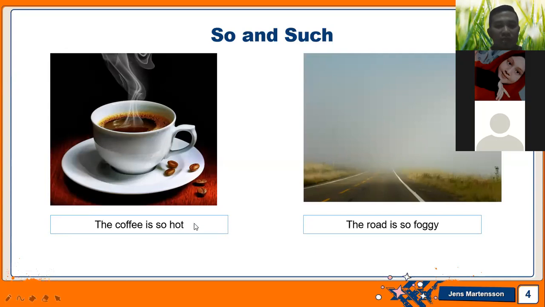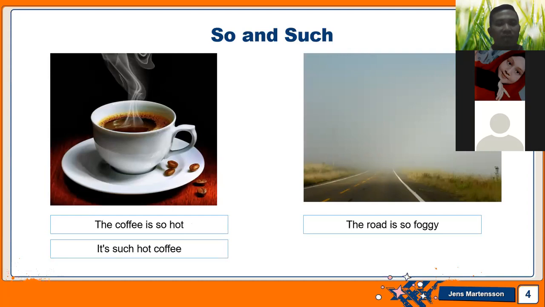In part of speech, what do you call hot? Adjective, sir. Adjective. Very good. And foggy, is it an adjective? Yes, sir. That's also an adjective. So "so" is connected with an adjective. Here hot is also an adjective.